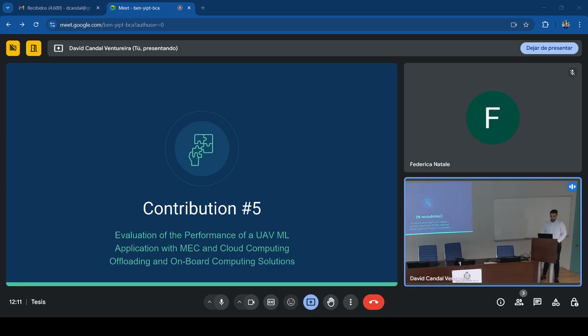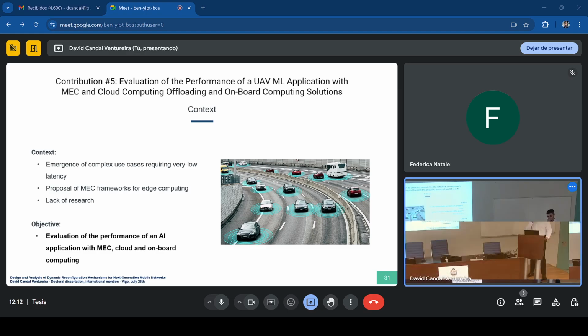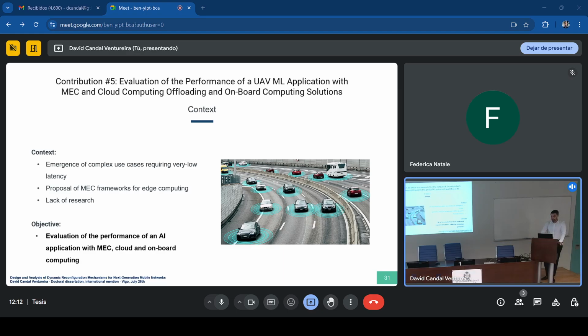My fifth work deals with edge computing, which has very significant hype surrounding this technology. As services are deployed closer to the end users, this paradigm should naturally provide lower delays.